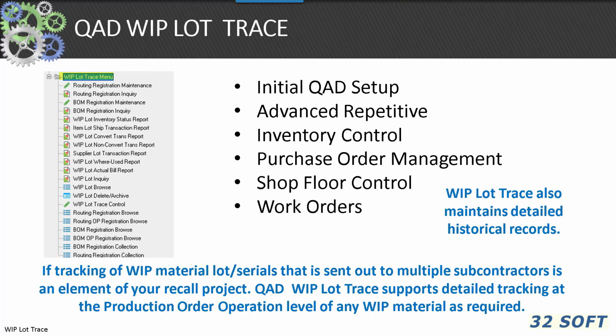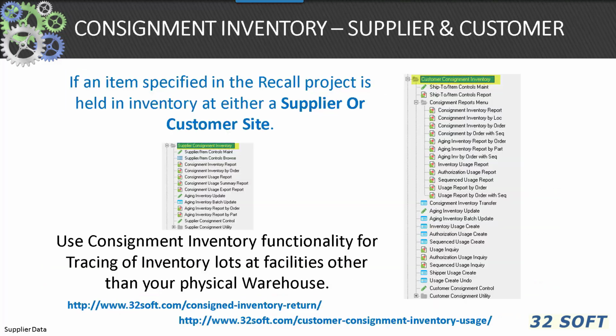In some cases, complex products, you may actually need to trace components or lot serial numbers through the WIP areas. If you've got material that's sent out to multiple subcontractors, this could be a very pertinent element of your recall project and needs visibility and great historical data records in that WIP block control.